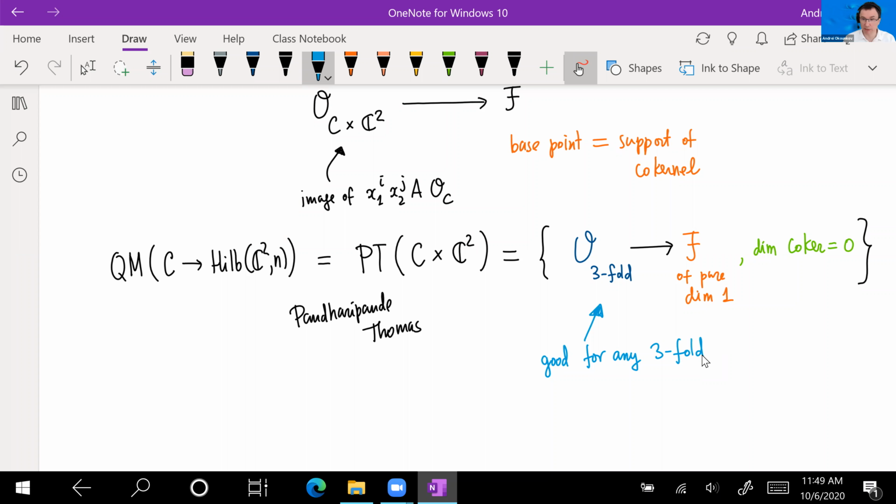So the reason I brought this up is that the notion of quasimap really corresponds to some notion of three-dimensional geometry.